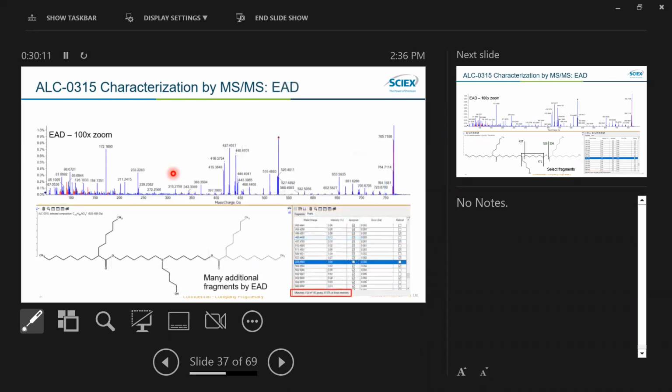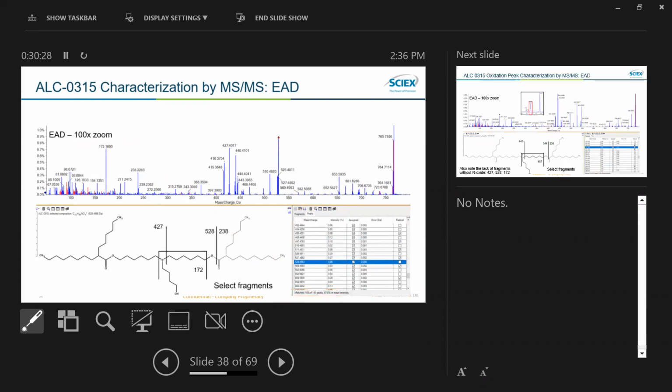If we look at the EAD fragment ion spectra, again, we're generating a lot more fragment ions. Instead of those 7 or a handful of fragment ions, we're now generating over 100 that can be used to help elucidate structure. Just to point out a couple of them, there's this 427 fragment ion that fragments at the nitrogen carbon bond right here, and this 172 fragment ion right here.